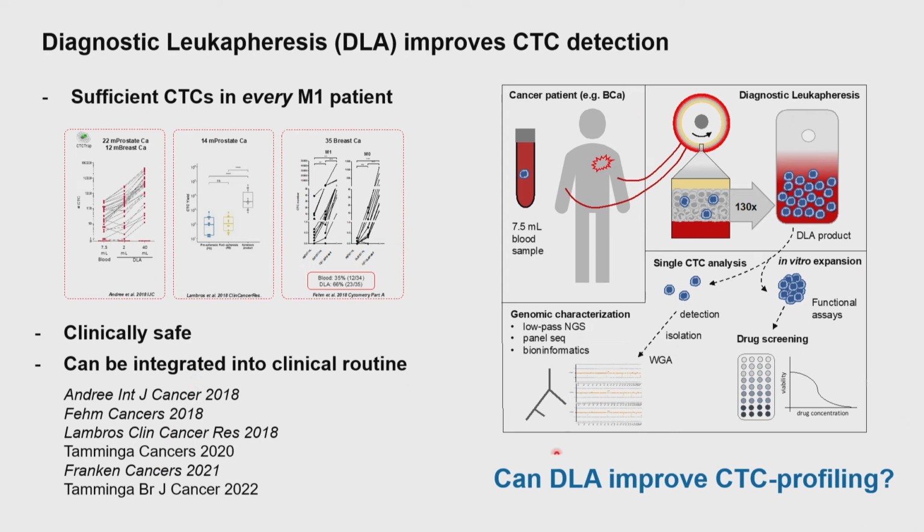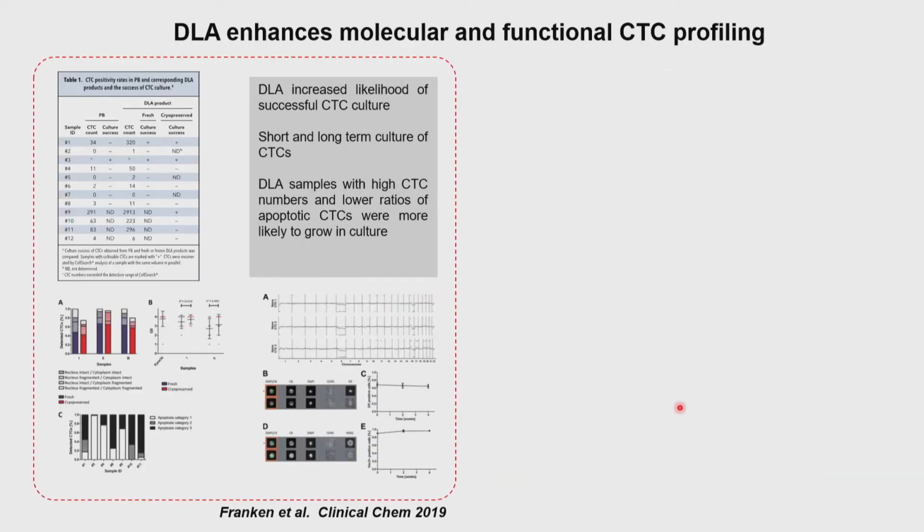The question is, of course, whether DLA can really improve the profiling of CTCs. So genomic analysis, but also maybe functional analysis, because we have, in theory, many more of those cells. The first investigations focused on the functional characterization, and in fact, this is work by Andre Franken in breast cancer.